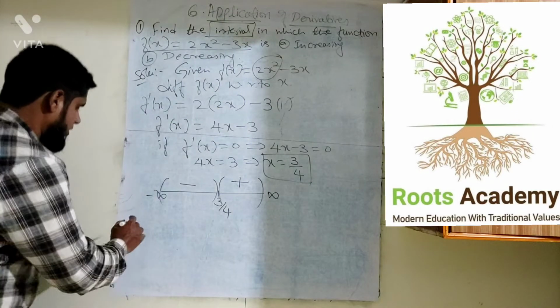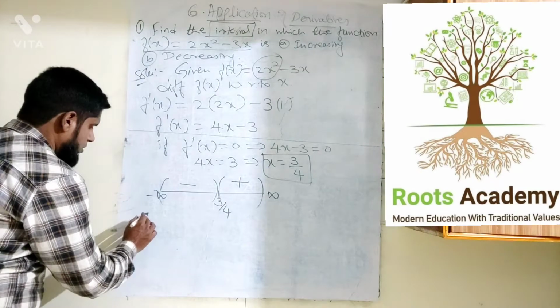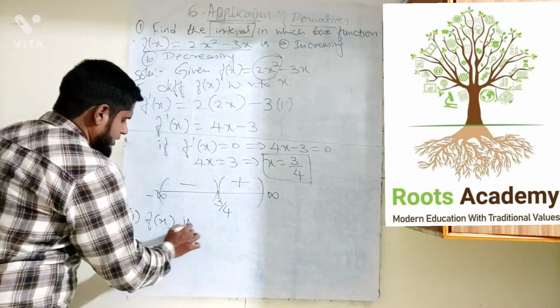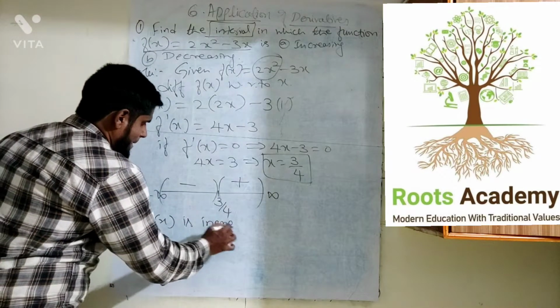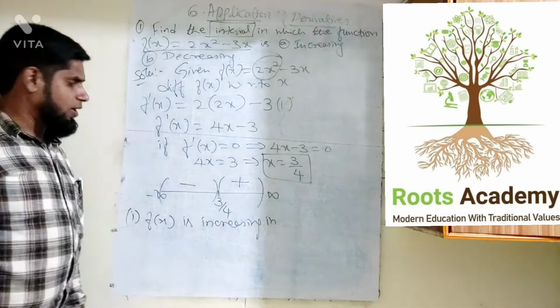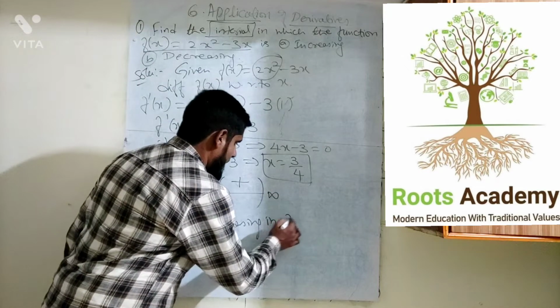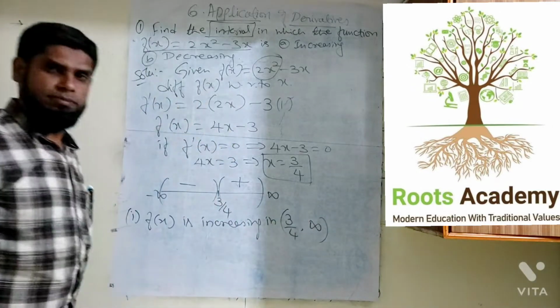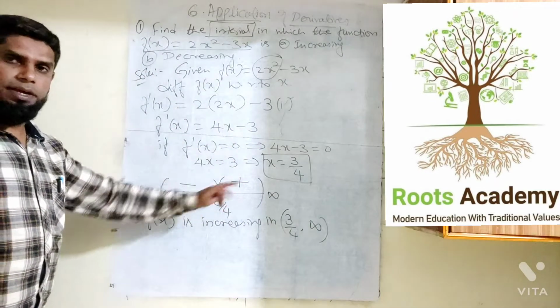So I can write the conclusion. First conclusion, f of x is increasing in the interval 3/4 comma infinity, because there is a plus sign here.